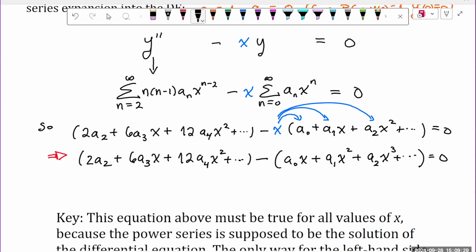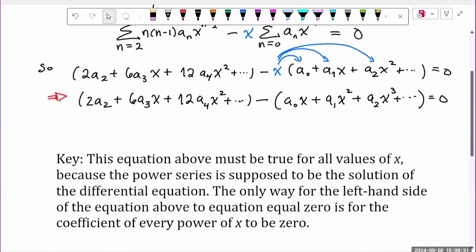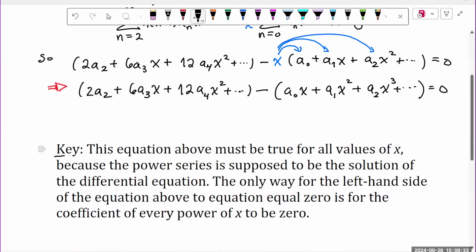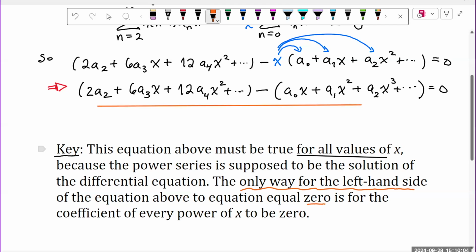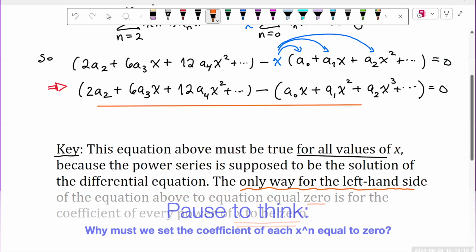Now, what does this tell us? Here is the key. This equation has to be true for all values of x because the power series is supposed to be the solution of our differential equation. Now, the only way for the left-hand side of our equation to be equal to 0, as it is on the right, is for every coefficient of every power to be set equal to 0.